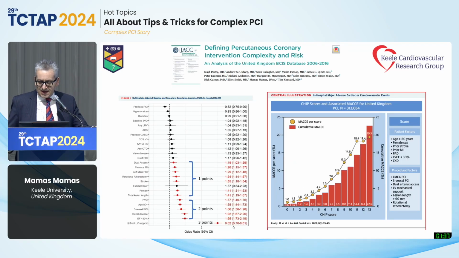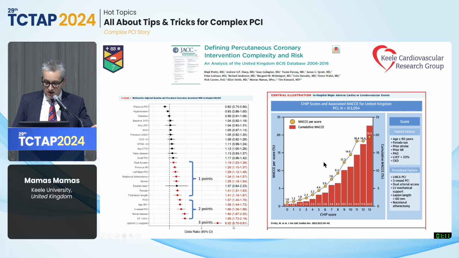And that's what we set out to do in the United Kingdom by developing a complex PCI CHIP risk score. We used the UK National Registry and developed this CHIP score. This CHIP score looked at the prognostic relationship between individual patient-level factors, lesion-level factors, and procedural-level factors to develop a score.